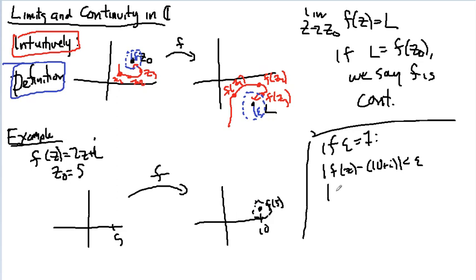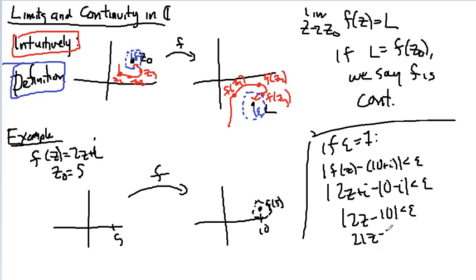Well, yeah, if I just plug this in, I get the absolute value of 2z plus i minus 10 minus i has to be less than epsilon. In other words, |2z minus 10| has to be less than epsilon. In other words, 2 times |z minus 5| has to be less than epsilon. And so whenever |z minus 5| is less than epsilon over 2, I will be guaranteed to be within there. So let delta equal that, and we're done.